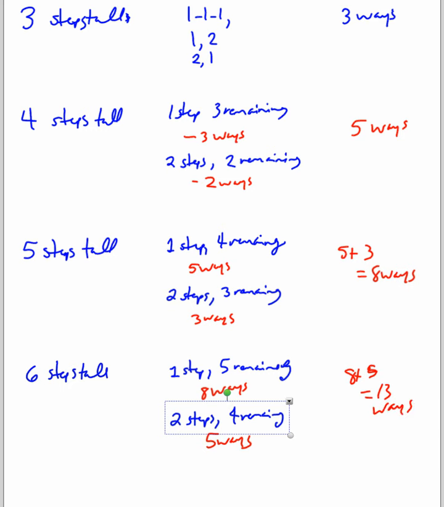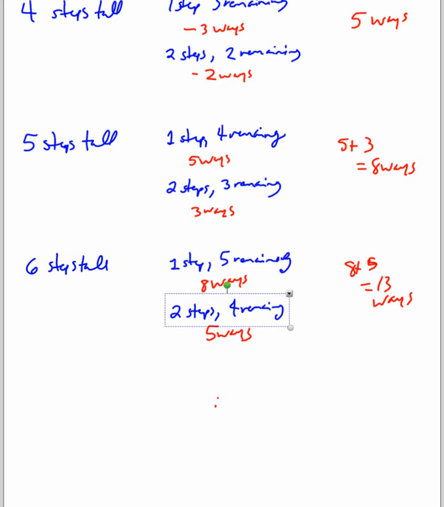So now finally, even though it seems like it took me a while to get here, I was following, again, a systematic process. Now I'm at what the question was actually asking me. What if the staircase was 7 steps tall? I could first take 1 step and have 6 remaining.